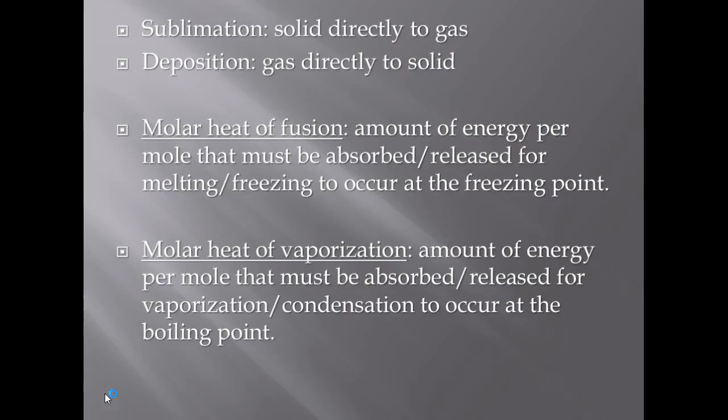But again, same thing with the signs. If you're going from a liquid to a gas, you have to absorb the energy to overcome the intermolecular forces, so it's a positive value. If it's condensing, it's going to let go of some of that energy. It's going to release, so it's going to be negative. And that allows the intermolecular forces to attract and force them into a more ordered phase.